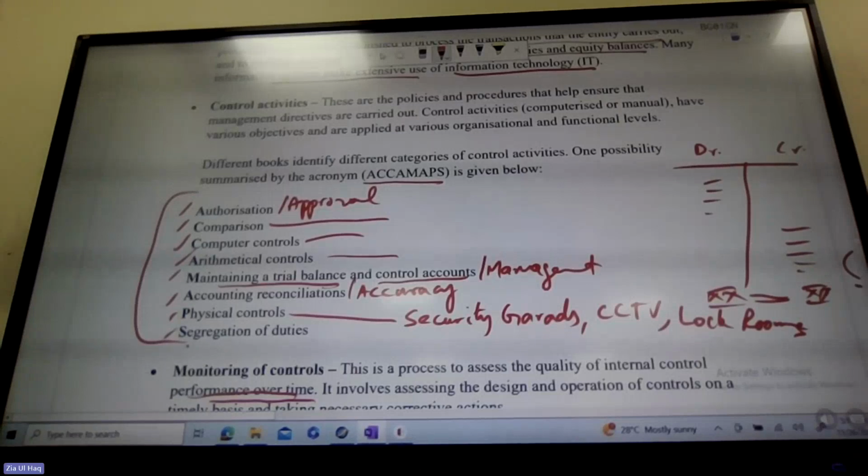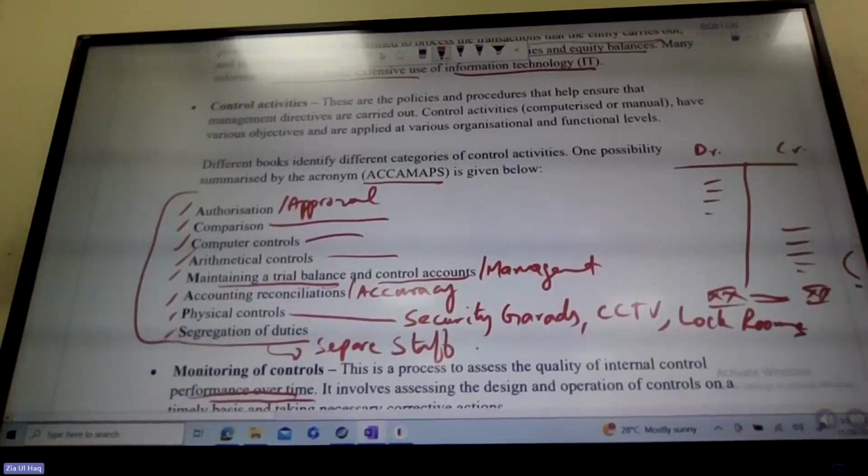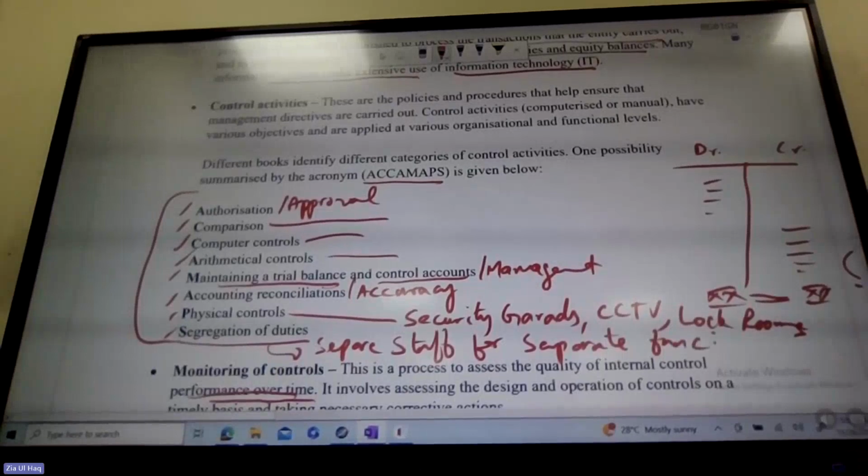And there should be segregation of duty control. Segregation of duty means separate staff for separate functions. It means no one staff member or department should be responsible for all the functions. Otherwise, it's easier for one staff member or one department to commit fraud.